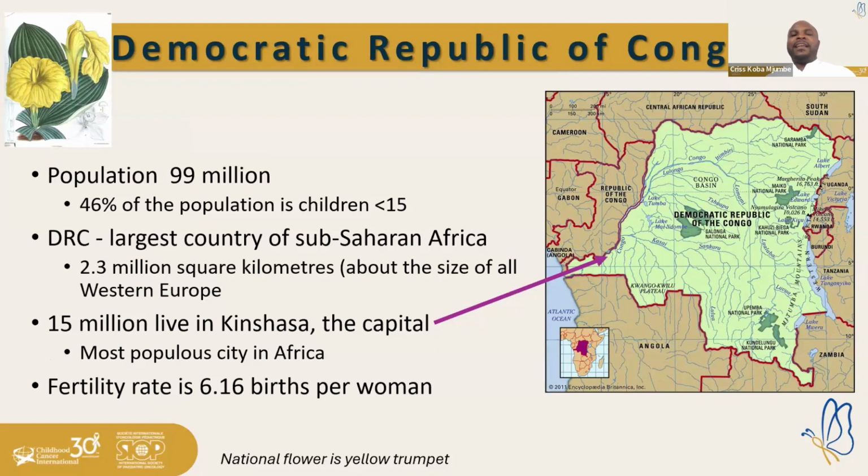DRC is a large country of sub-Saharan Africa, and 2.3 million square kilometers is like Western Europe. But 15 million live in Kinshasa. Kinshasa is the capital, and it is the most populated city in Africa. And we found 6.10 per woman as the fertility rate.